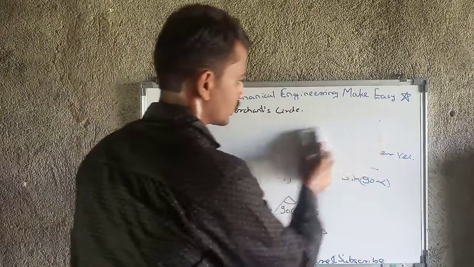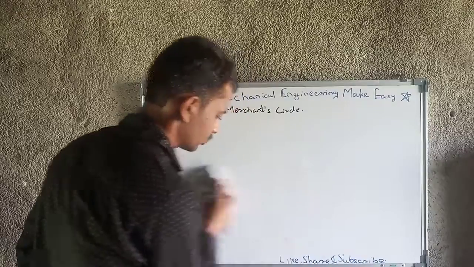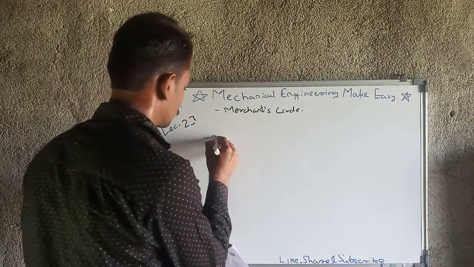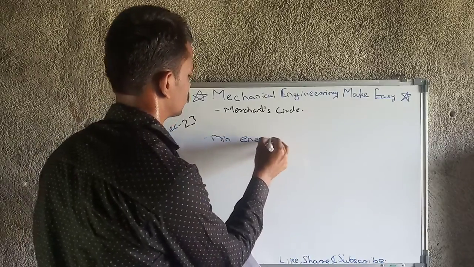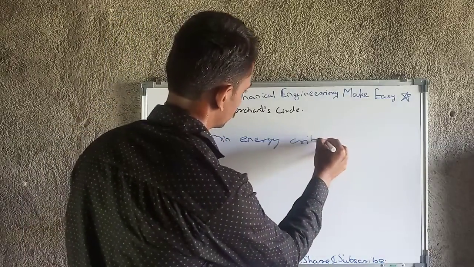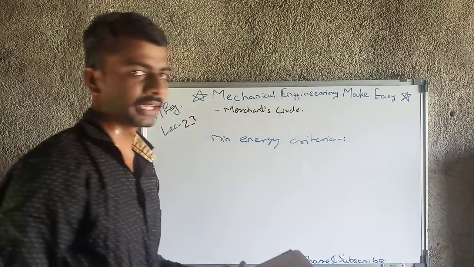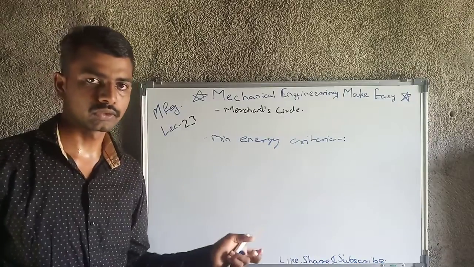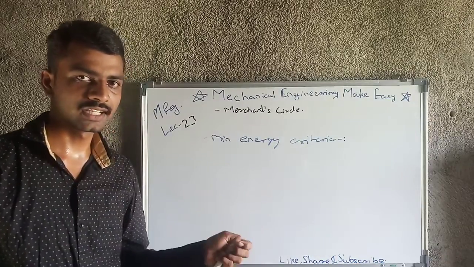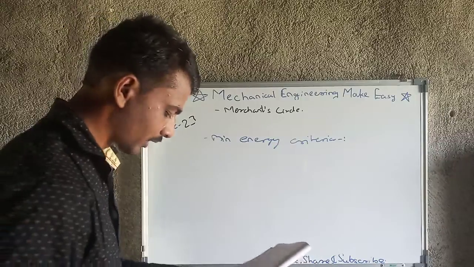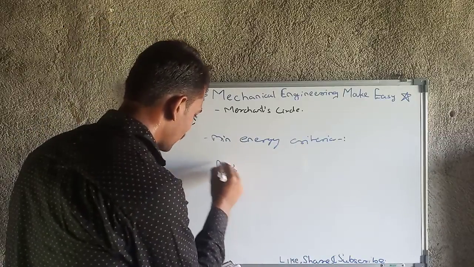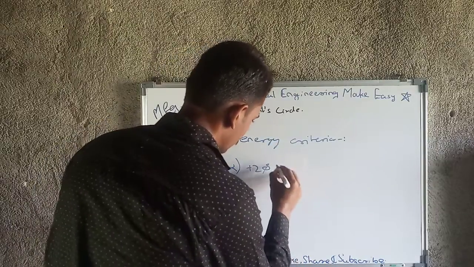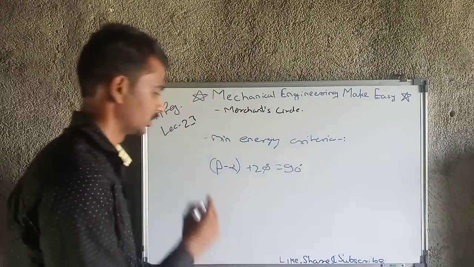Then we will look towards the next relation, and that relation is the minimum energy criteria. If that criteria is satisfied, then the energy required will be minimum for the cutting action, and that is beta minus alpha plus 2 times phi, which is equal to 90 degrees.